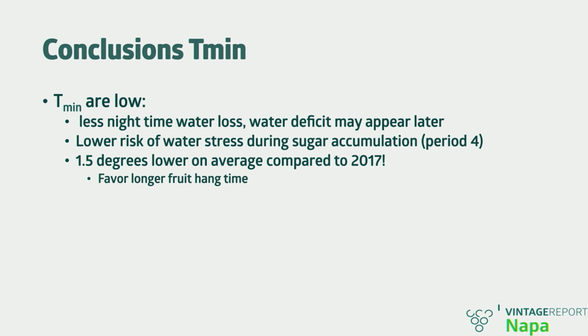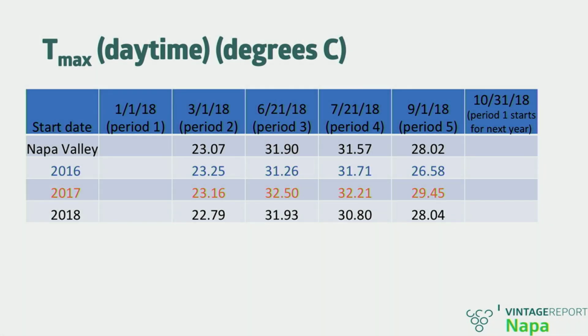So that's what I have summarized here. The minimum temperature shows that it has been less likely to observe nighttime water loss. And this is also a good thing to maintain good and smooth sugar ripening conditions during period 4.